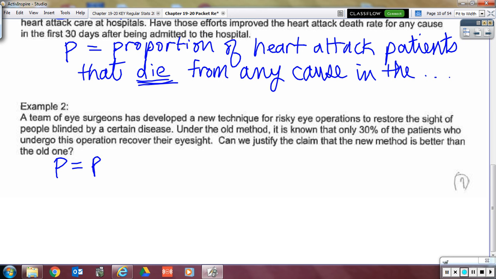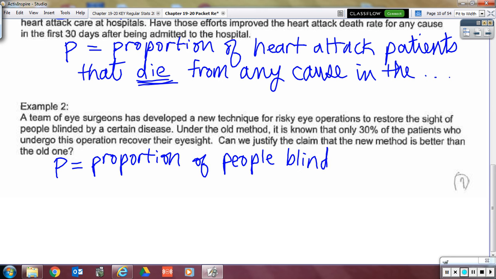Okay, so it's the proportion of what? I think it's people blinded by a certain disease. People blinded by a certain disease that do something here in a second. We'll write that. People blinded by this disease that they're talking about. Okay. Proportion of people blinded by this disease who do what?